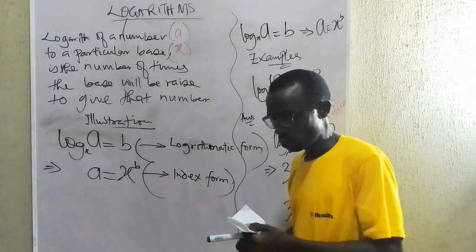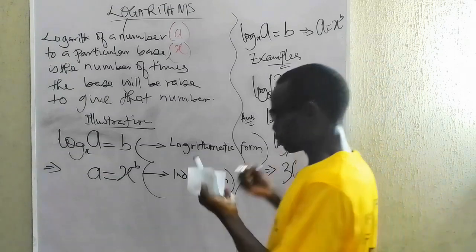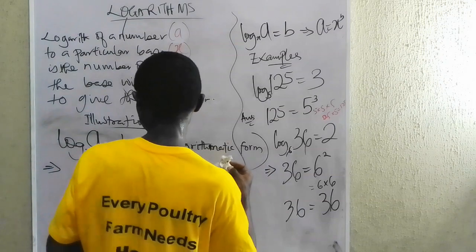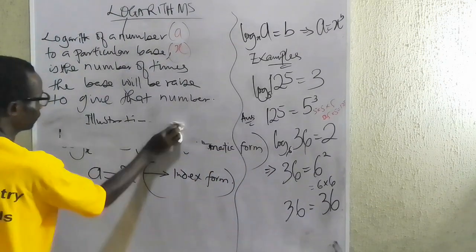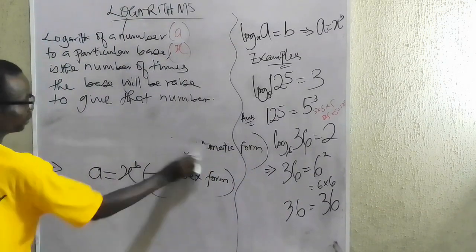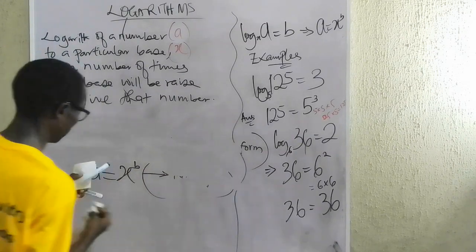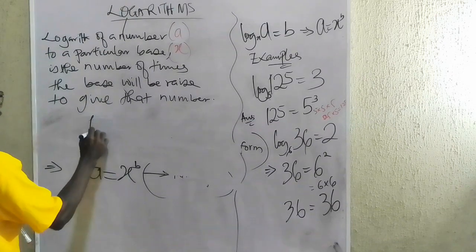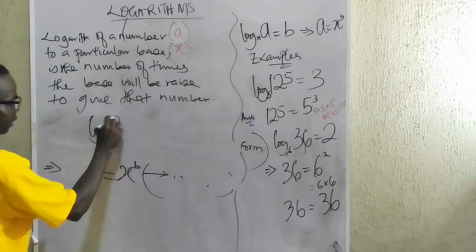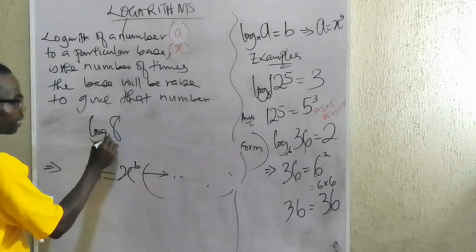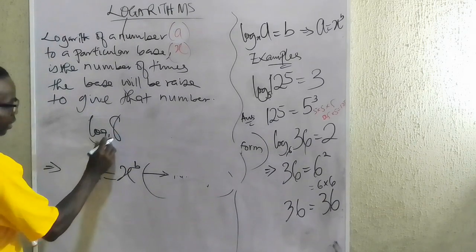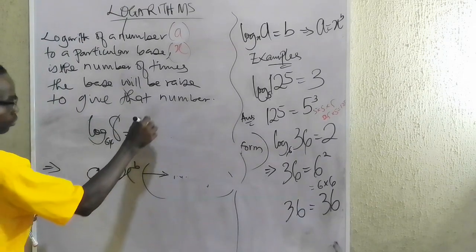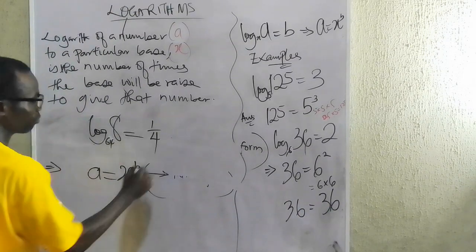Now, I want to give you one to solve as a question. Log 8 in base 64 is equal to 1 over 4.